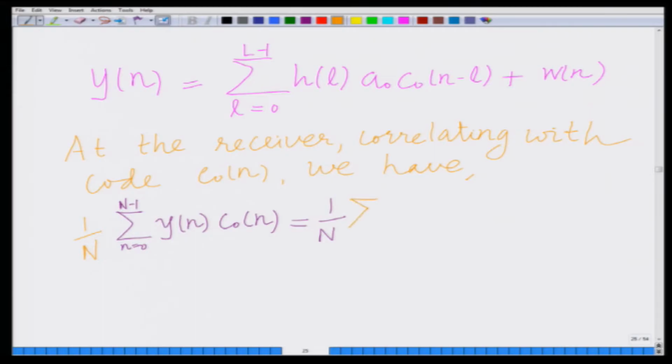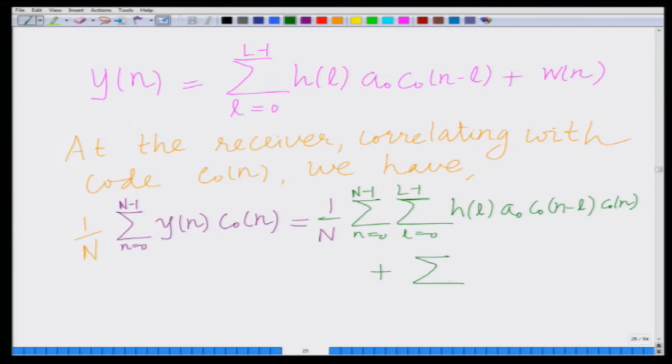On the right hand side we have summation 1 over N summation n equal to 0 to N minus 1 summation l equal to 0 to L minus 1 hl A0 C0 n minus l C0 n plus 1 over N summation n equal to 0 to N minus 1 W n C0 of n.